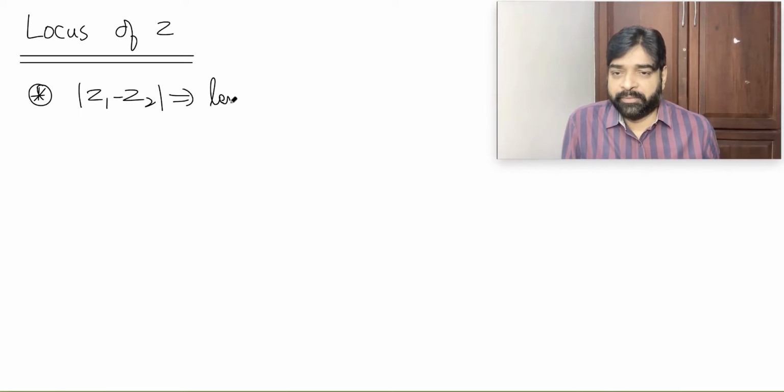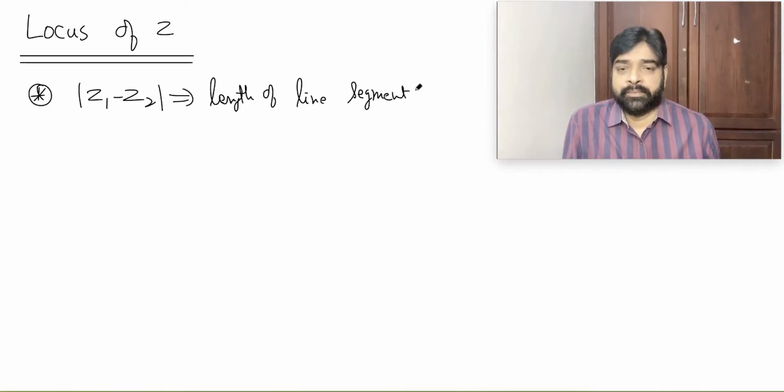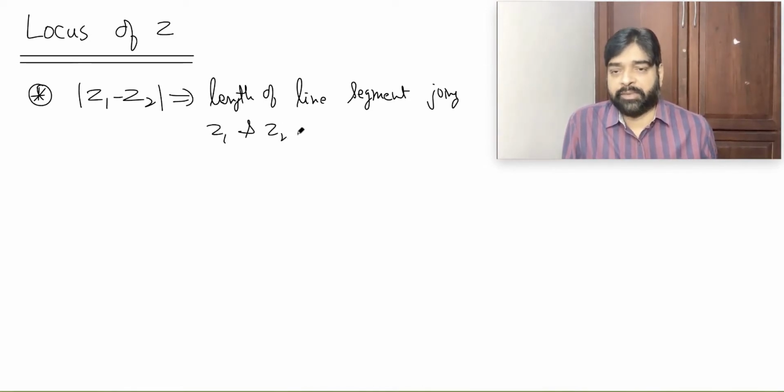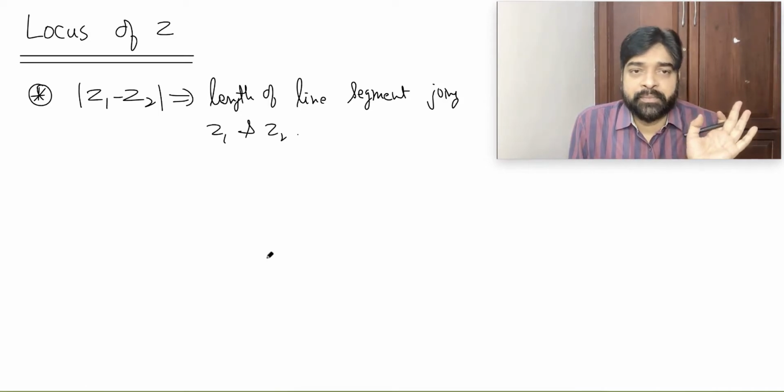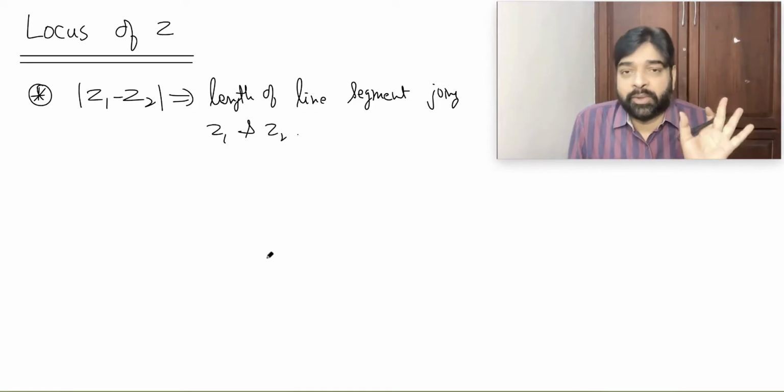Length of the line segment joining Z1 and Z2. Yes or no? Mod of Z1 minus Z2, I told you, the same logic I am applying. And believe me, 95% of the locus problems will be done by using this. If you know this, if you can visualize this, your locus has been done. There is nothing great about it.